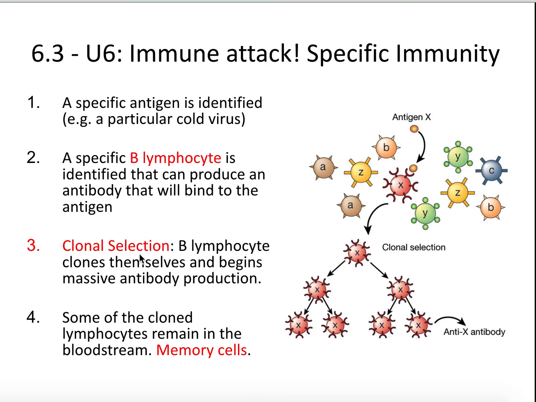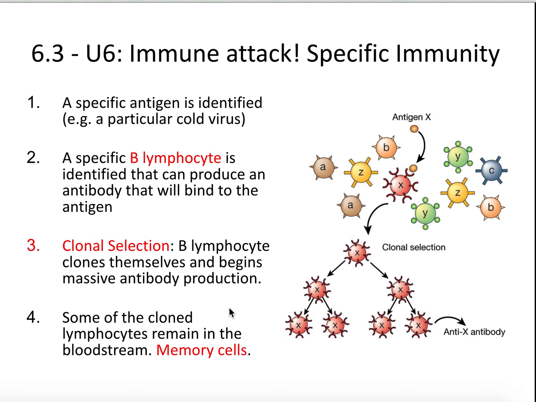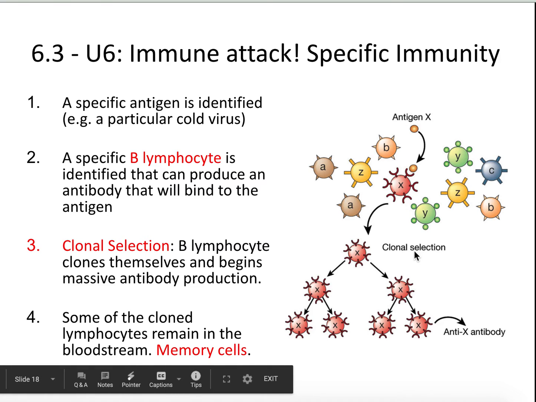Then clonal selection occurs. This is when the B lymphocyte starts to make many copies, or clones, of itself. Here you can see there are many clones of it. The idea is that now that there are many of them, they can go and attack any antigens that have entered the body. We call these memory cells.